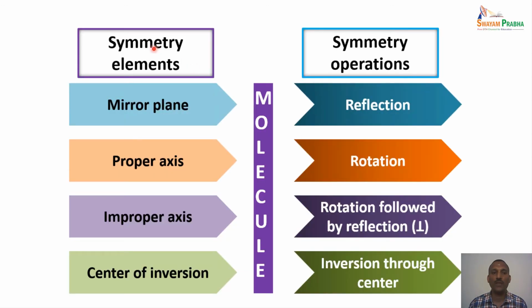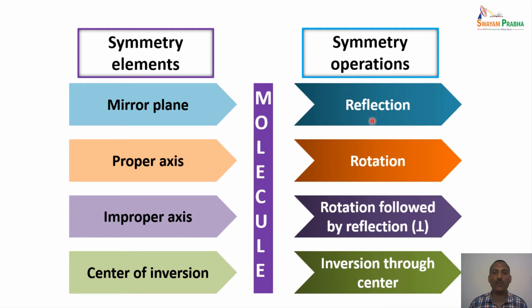So basically we have various symmetry elements, which are a mirror plane, proper axis, improper axis and center of inversion, and the symmetry operations are performed with respect to the symmetry elements. So if we say there is a reflection, that means there is a mirror plane in that molecule, then we can say reflection is expected.